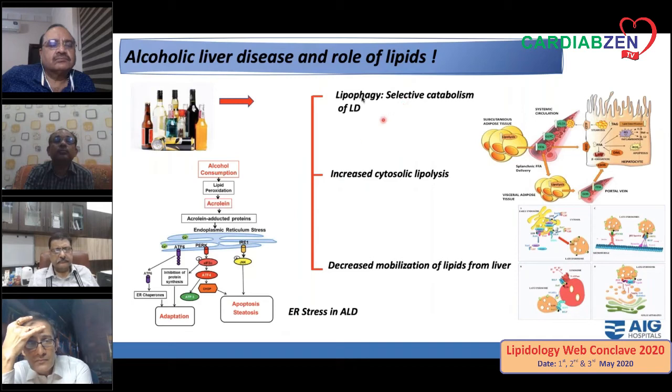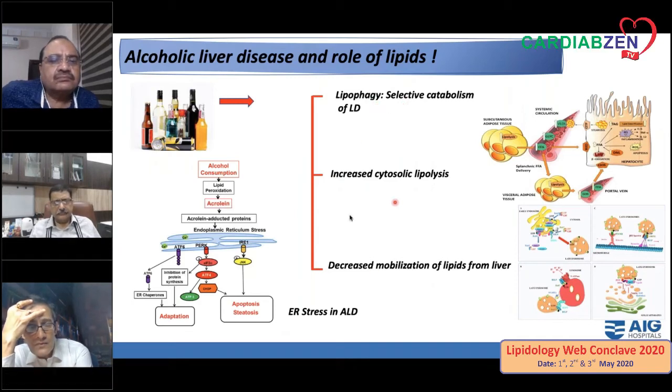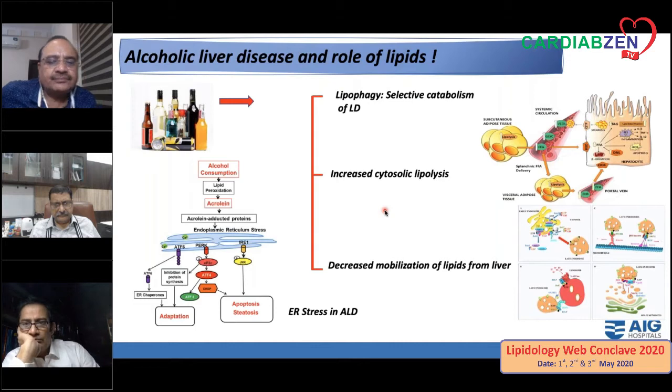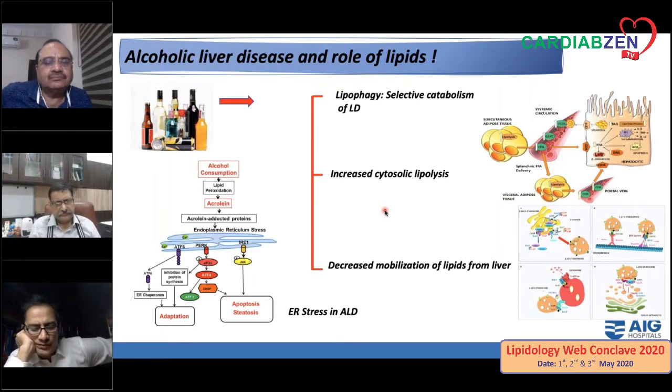In alcoholic liver disease, in addition to lipophagy, there is also an increase in the cytosolic lipolysis, and there is a decreased mobilization of lipids from the liver. Just previously, I was listening about the triglycerides not being allowed to come inside the liver. Here it's the opposite, the lipid mobilization from the liver is impeded, causing liver injury.